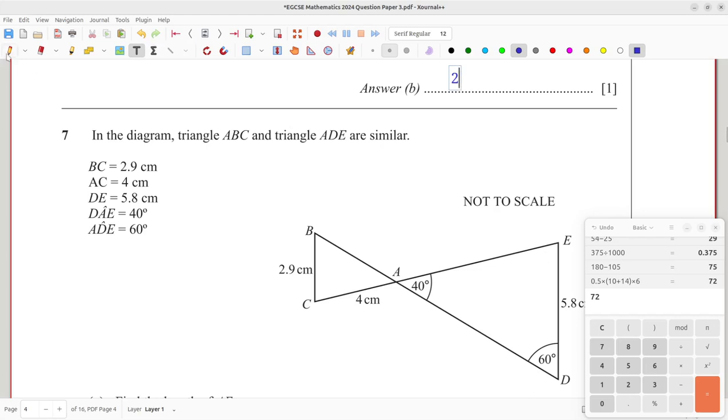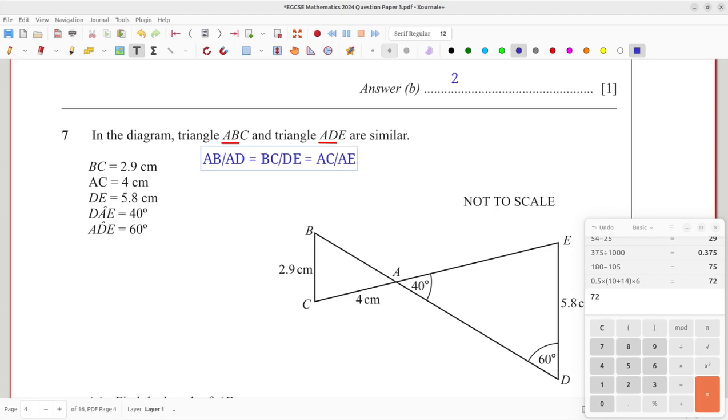So all you need to do is note this: first two over first two, so it's AB over AD, which should equal the last two, BC over DE. The first and last is AC over AE.